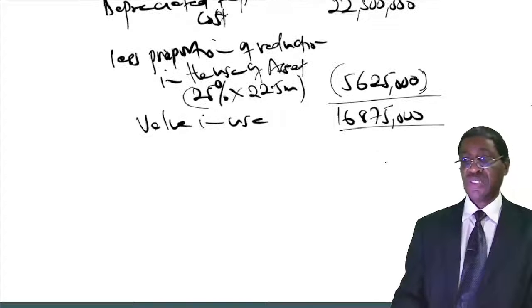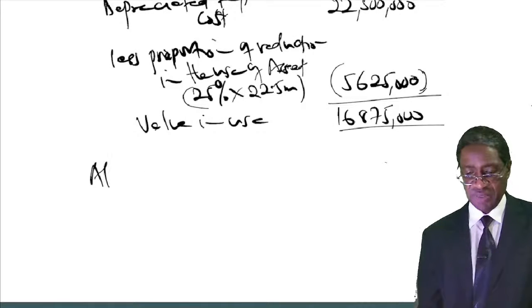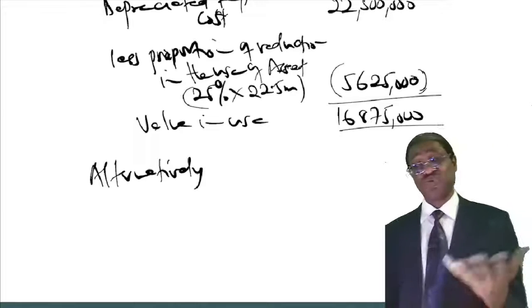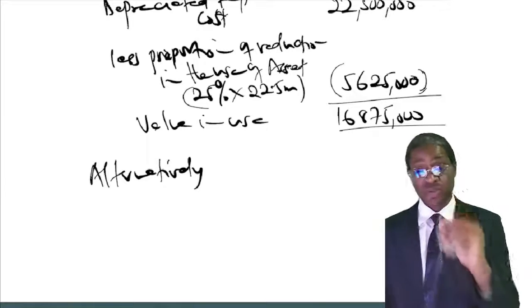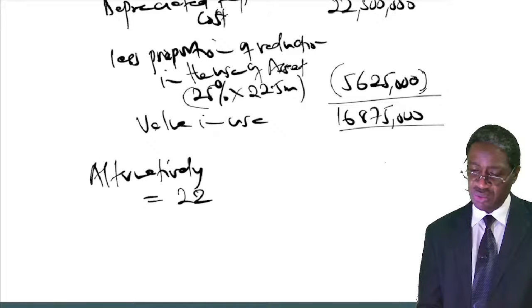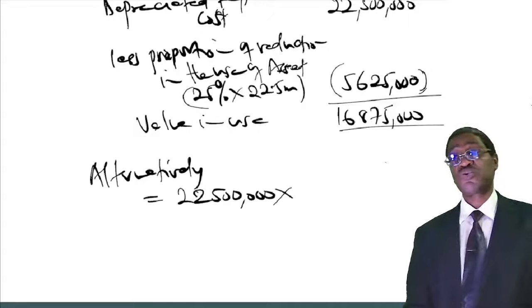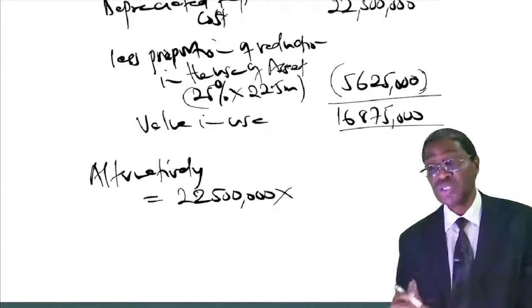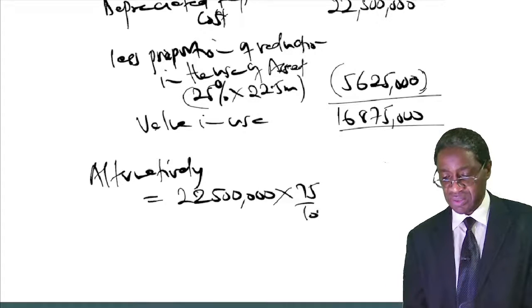Then we said alternatively, or for exam purposes, you don't have to tell the examiner. Our depreciated replacement cost was 22,500. It lost 25%, so the remaining service potential is 75%.